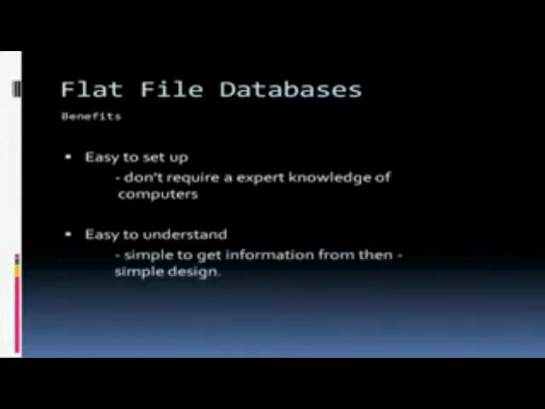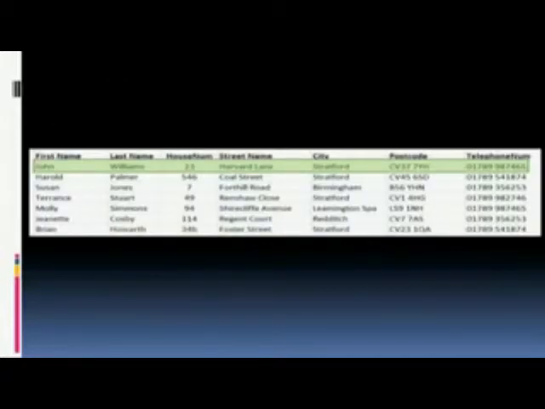They're also very easy to understand and use after setup, as data is simply entered in the same way as the previous record, usually under a previous person. So for example, if we were wanting to enter someone underneath John Williams here, we'd easily be able to see, without any particular training, that the first name went first, the second name went second, and so on, house number, street name. So it's very easy to enter information into a flat file database.